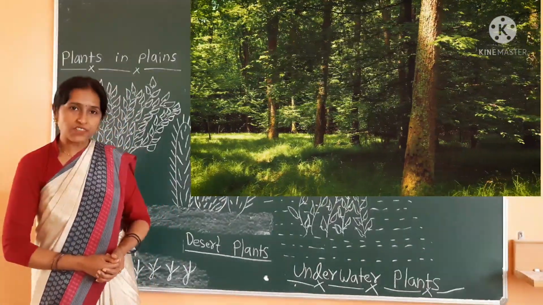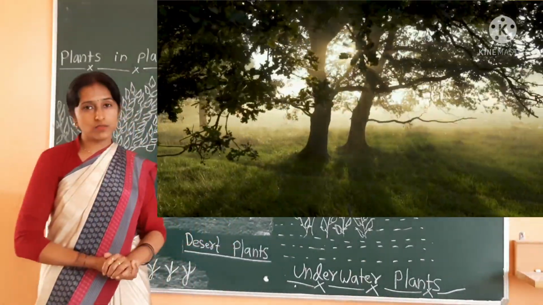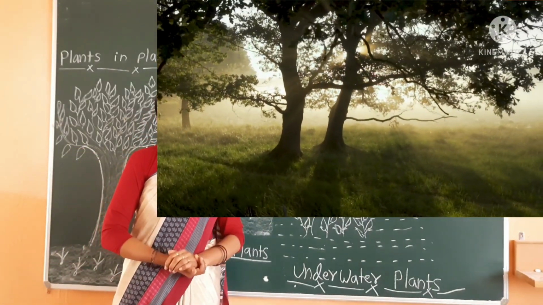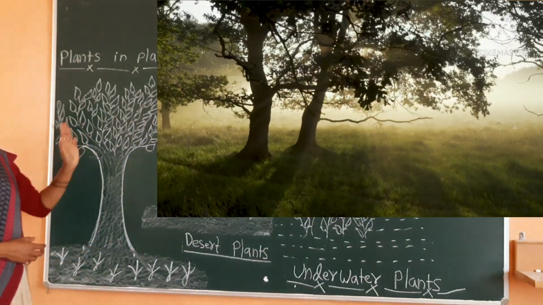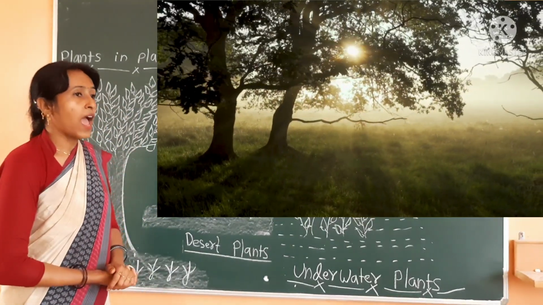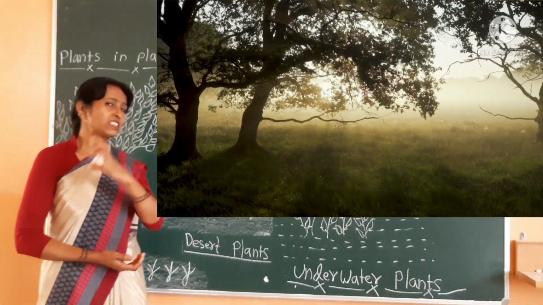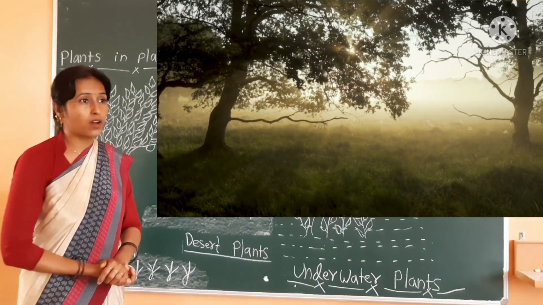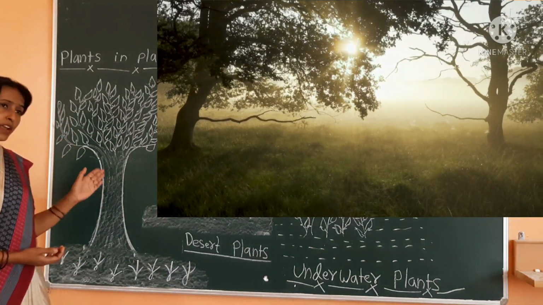What are the characteristics of those plants which receive low rainfall? Mainly those plants which receive low rainfall have lots of branches. Because of their scarcity of water, they shed their leaves during the dry season. Okay, so these are the 2 main characteristics of those plants which receive very low rainfall.